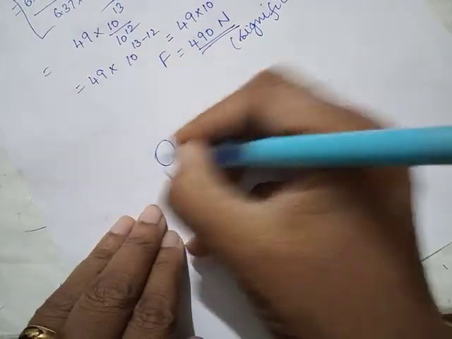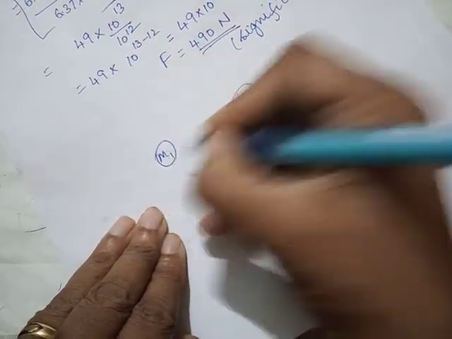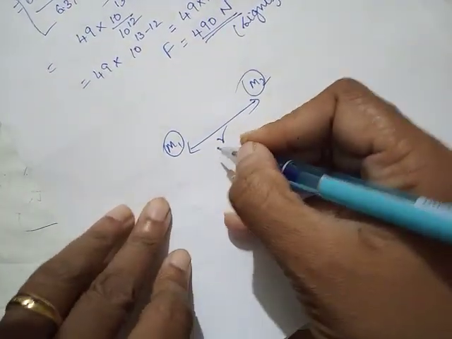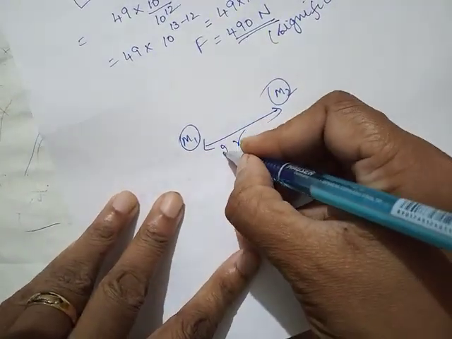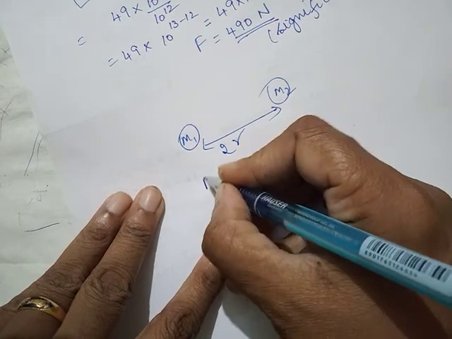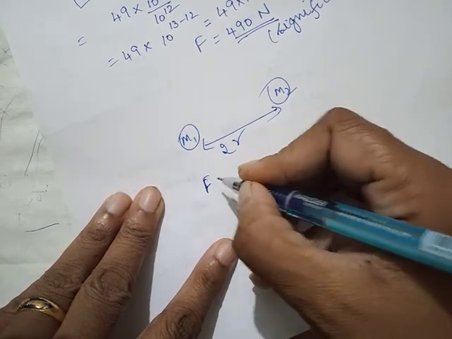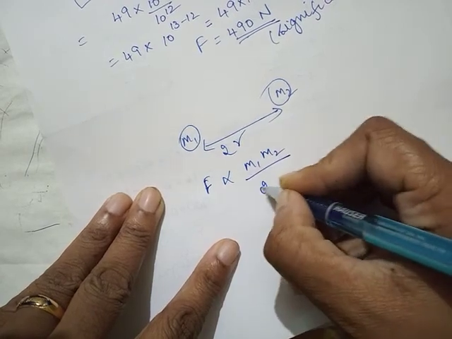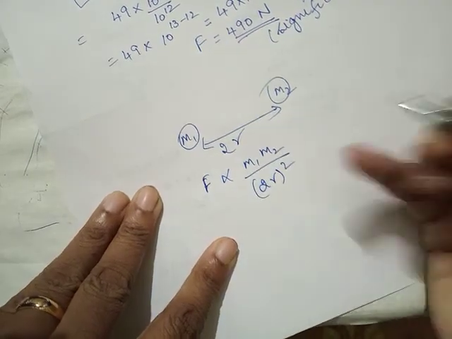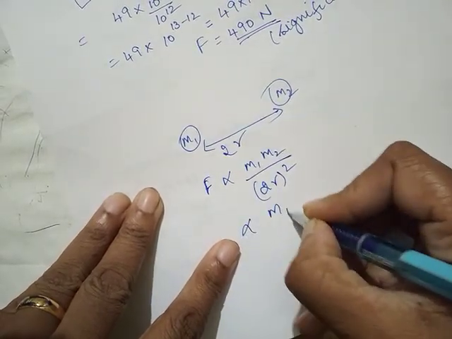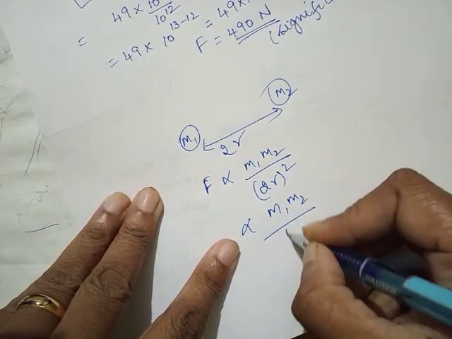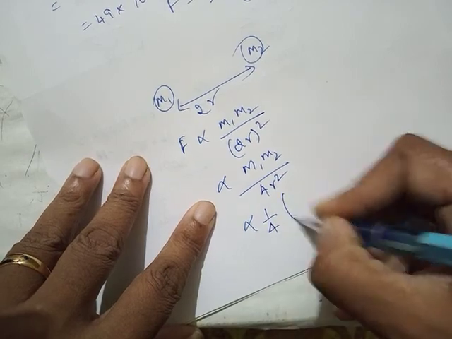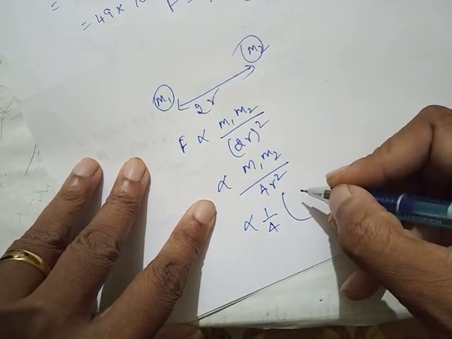Now, m1, m2, and the distances. Suppose the distance is doubled, if the distance becomes 2r, then what happens to your force of attraction? It is m1 m2 upon 2r the whole square. Now, 2 square is 4, so m1 m2 upon 4r square, or 1 by 4 of my original value.